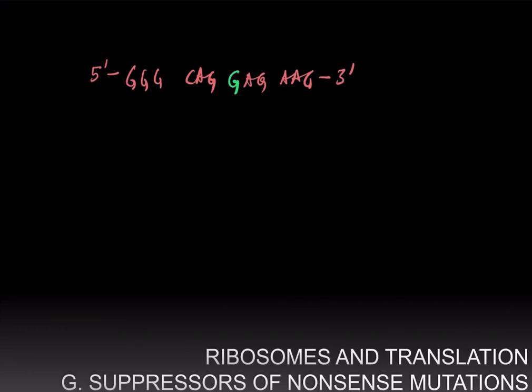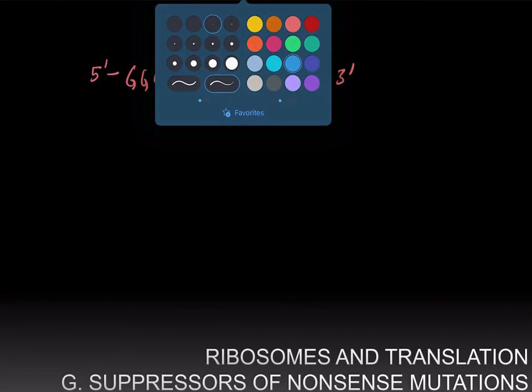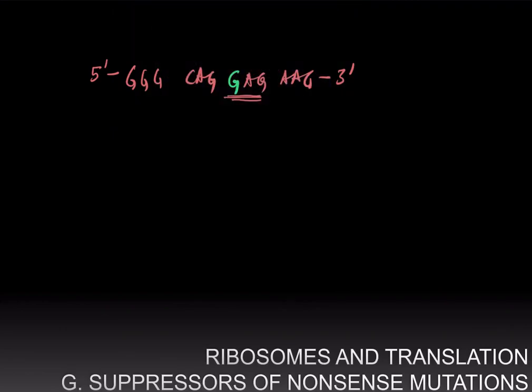And this codon GAG is for glutamate, and let's say we have a charged glutamate tRNA with the anticodon loop CUC recognizing our GAG codon, and we have a glutamate amino acid on this charged tRNA.